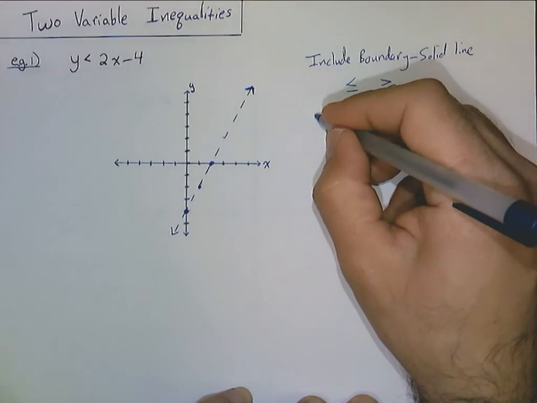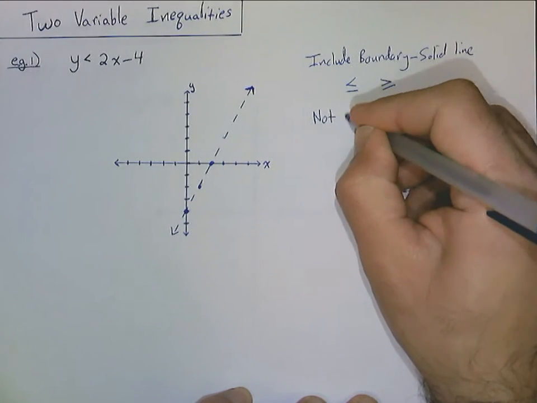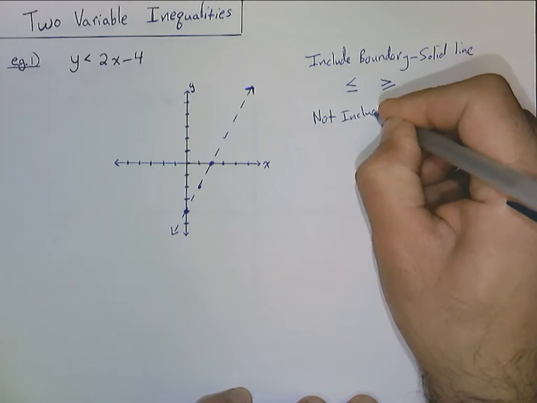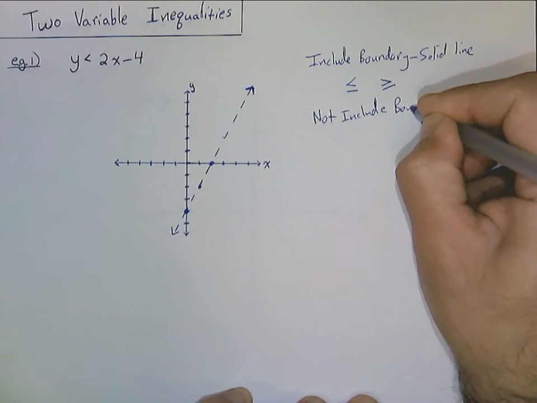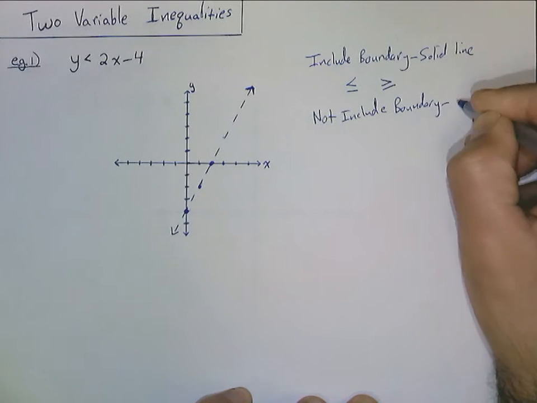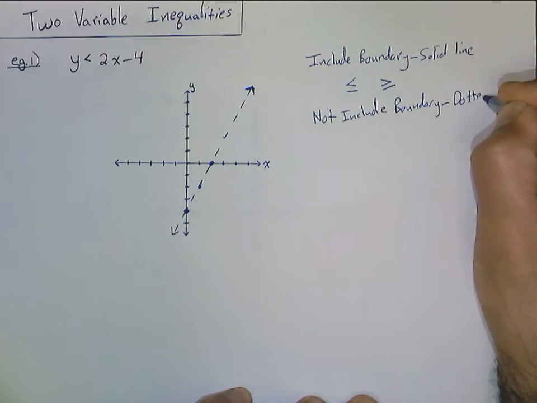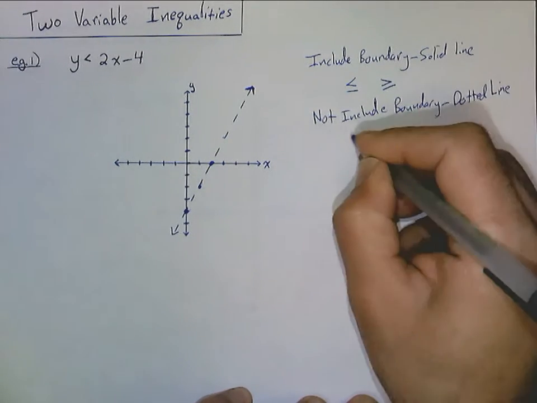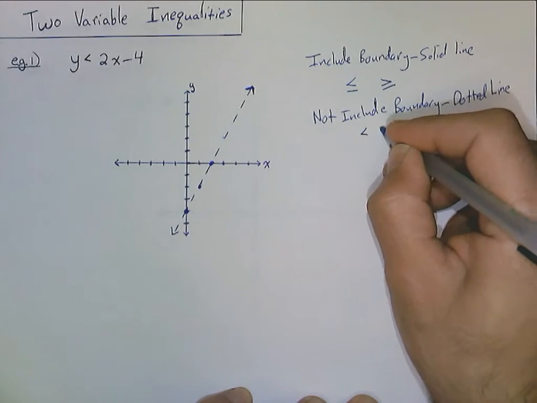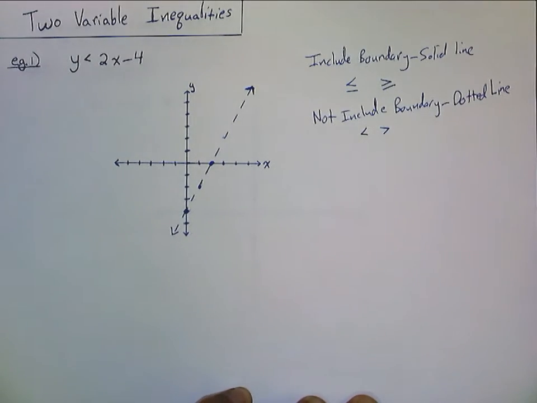And if we want to not include the boundary, we will use a dotted line. That's for a strictly less than or strictly greater than.